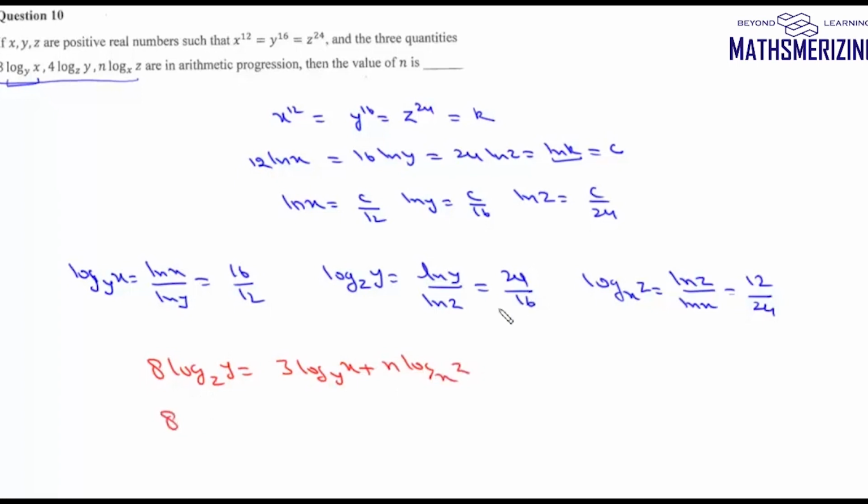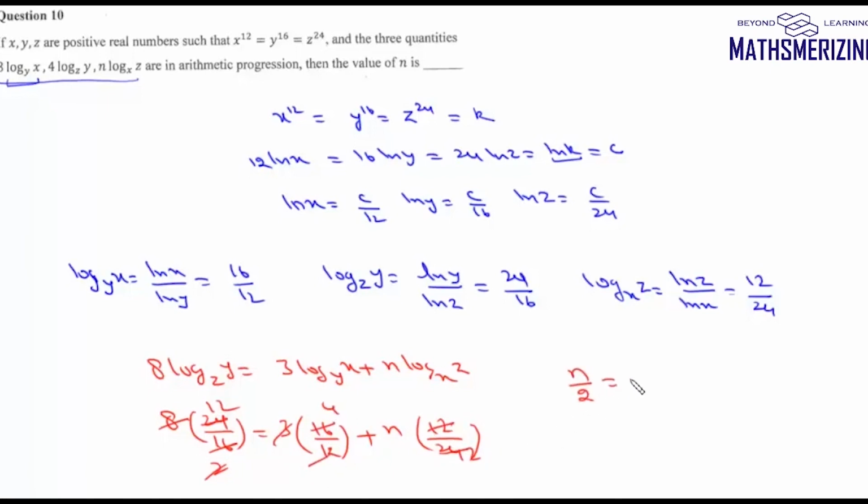Now log y base z is 24 by 16, log x base y is 16 by 12, and then plus n and log z base x, so it is 12 by 24. So it will be 2 and 12, 4, and it will be 4, and then it is 2. So from here we can write n by 2 and it is 12 minus 4 which is 8. So value of n is simply 16. So answer to this question is 16.